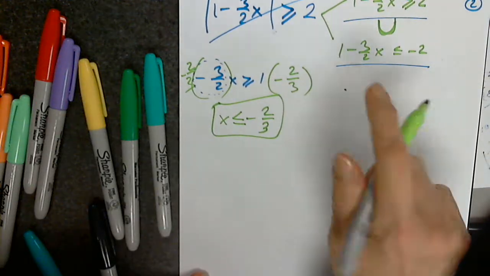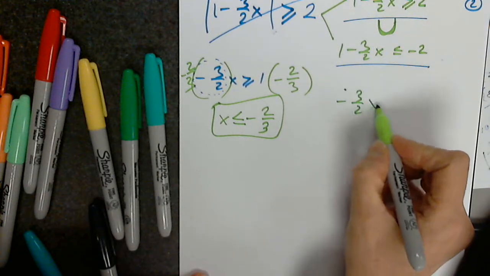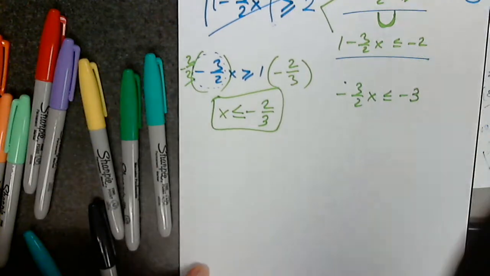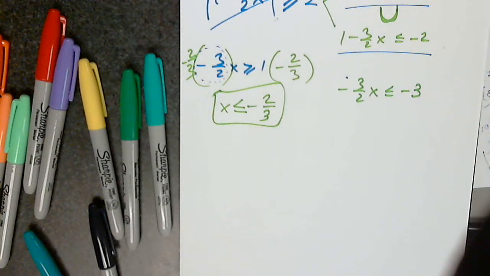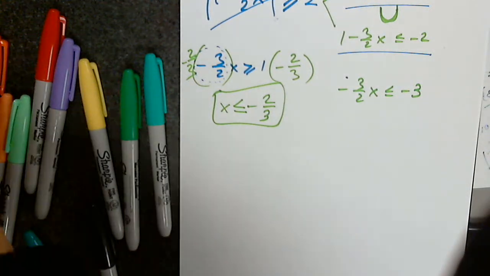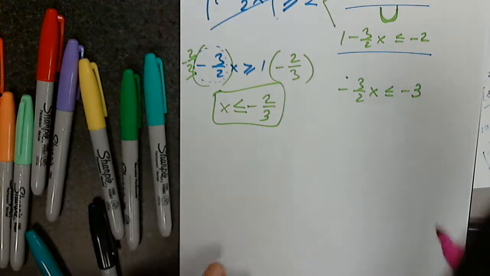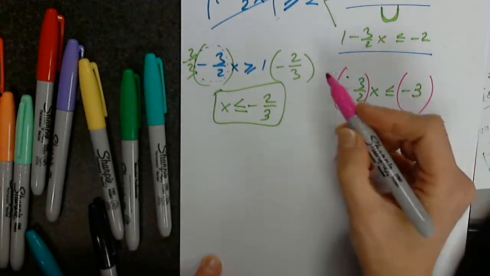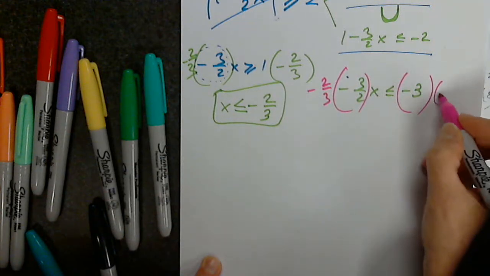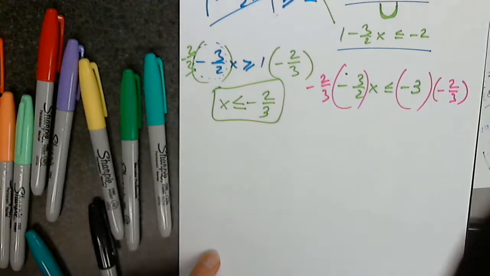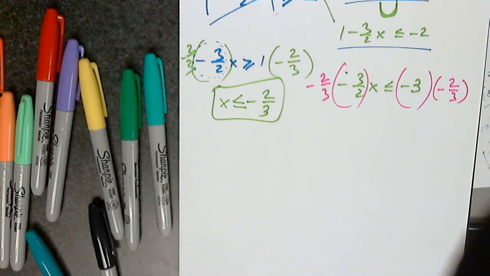So I do the same thing for the second one. Negative 3/2 x less than or equal to negative 3. Now what do I want to get rid of? The same number. How do I get rid of it? Multiply by negative 2/3, negative 2/3. What do I get on the left?